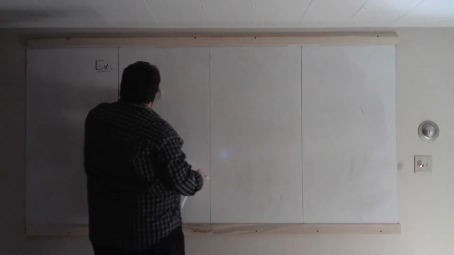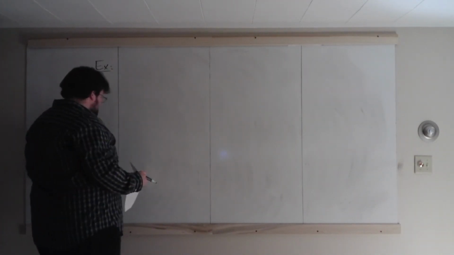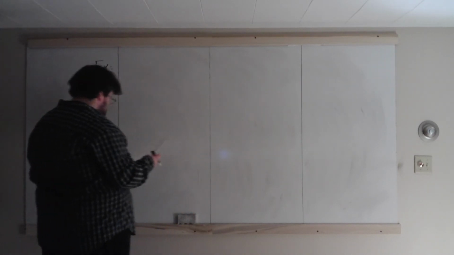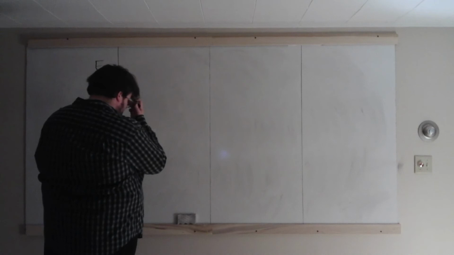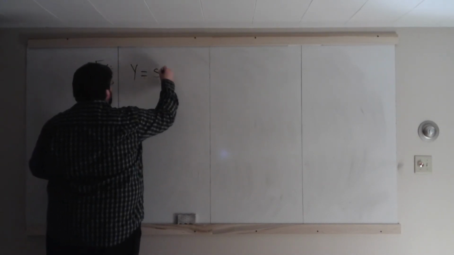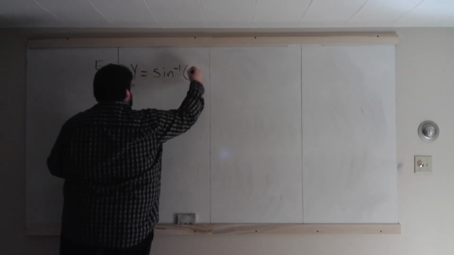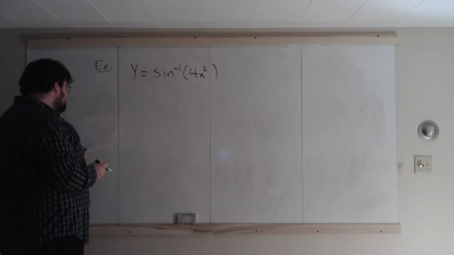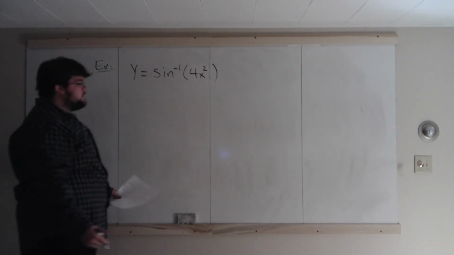Next, we haven't done any inverse trig, so let's do a couple inverse trig. Let's do this one first. The inverse sine of 4x squared.